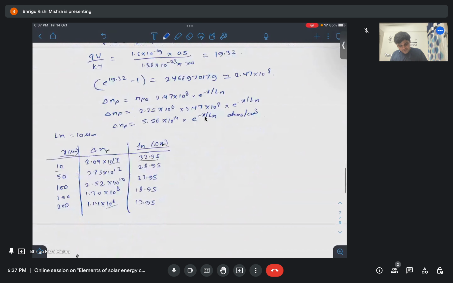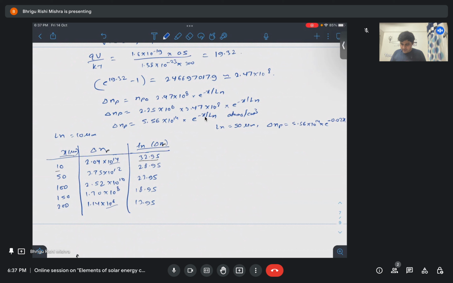Okay, so when ln equals 50 micron, delta np will be 5.56 into 10 to the power 14 into e to the power minus, so it's simply 1 divided by 50, so 0.02x.